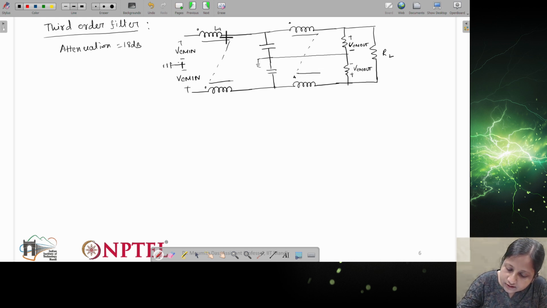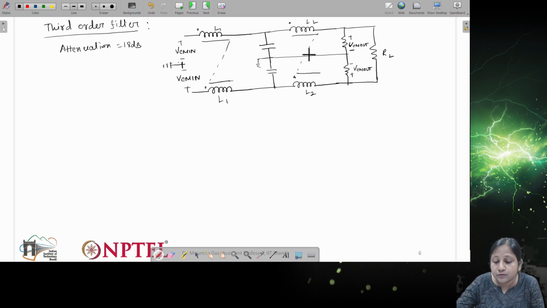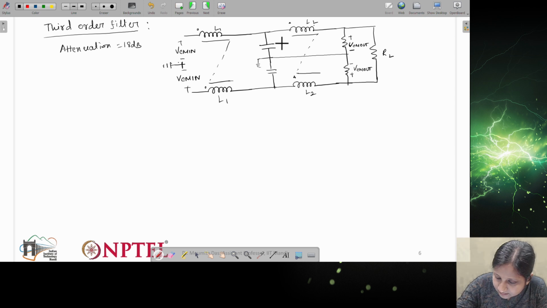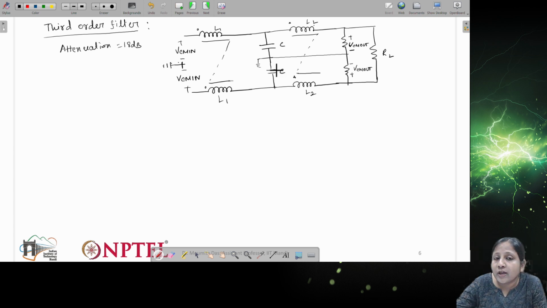You can consider this as L1, L1, L2, L2. These two inductors will have similar value, meaning L1, L1 with respect to one coupled core will have the same value. Similarly, the other inductors, L2, L2, may have a different value, but the two will have the same value. This is how it works. And then these two capacitors will also have the same magnitude, right? So this is how the third order filter looks like.